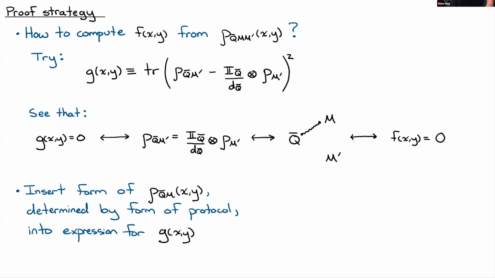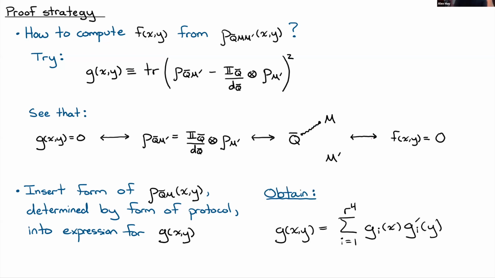So then to continue the proof, what we do is we take the form of rho that's given to us by this circuit picture with this shared entanglement that I drew before, and we just insert that into the definition of g. We plug through the computation and simplify things down as much as we can, and what you find when you do that is that the form of g is constrained by the form of that circuit that computes rho.